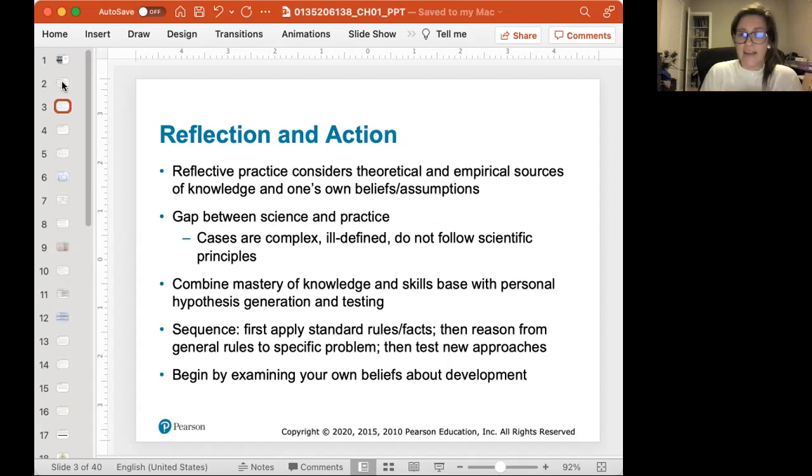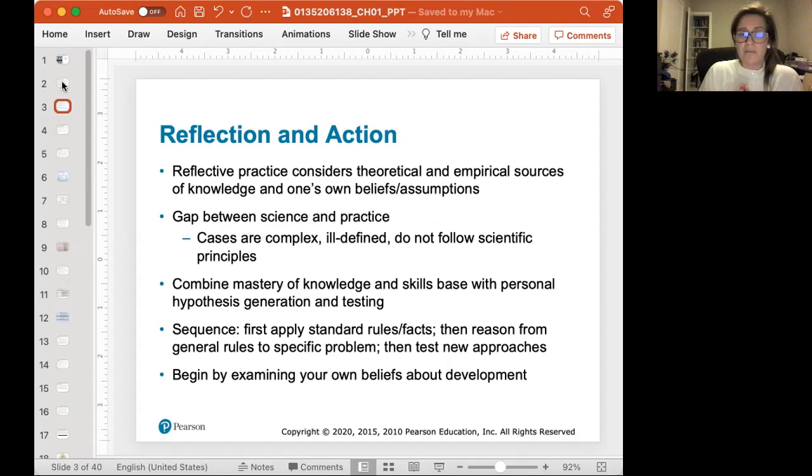So schizophrenia, catatonia, personality disorders, self-harm issues, hallucinations, paranoia, OCD, CPS cases can often be something that fall in your lap if you're working on adolescent unit. You can learn a lot, but yes, cases are complex, sometimes ill-defined, and do not follow scientific principles.